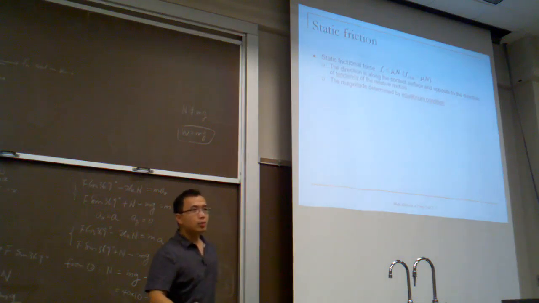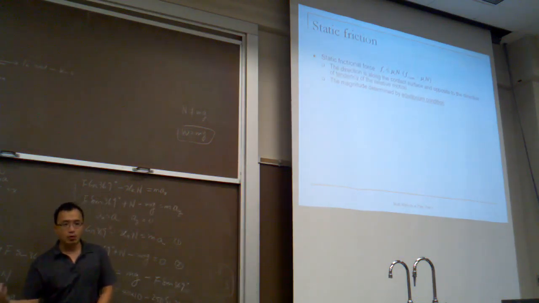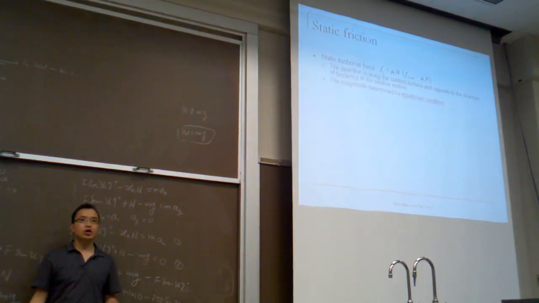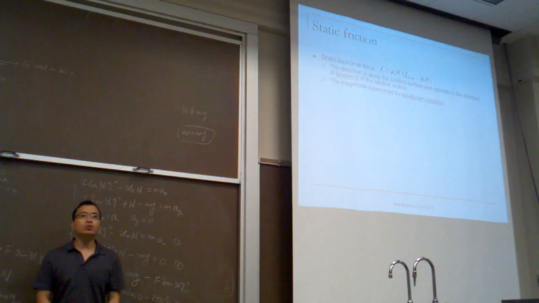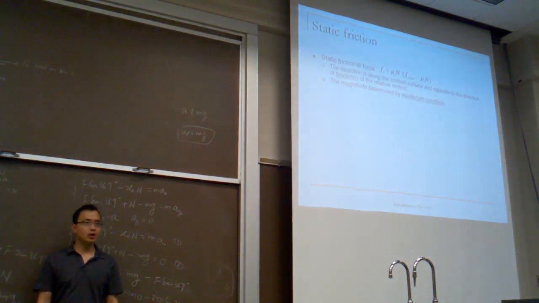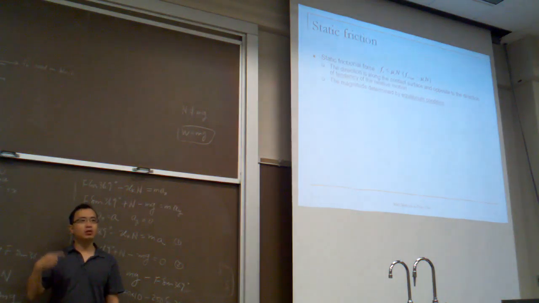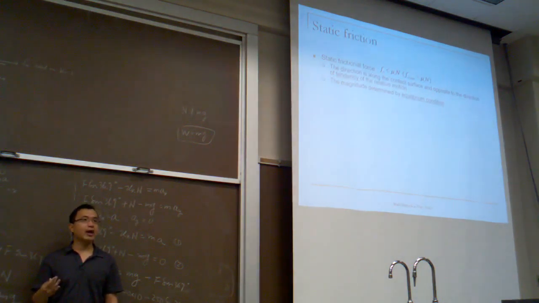Both kinetic and static friction go against the motion, but for kinetic friction you already have the motion, so it's relatively easier to judge which direction is opposite. For static friction, you don't really have motion, so you have to find the direction of the tendency of motion if you didn't have the frictional force. Then the frictional force will kill this tendency.